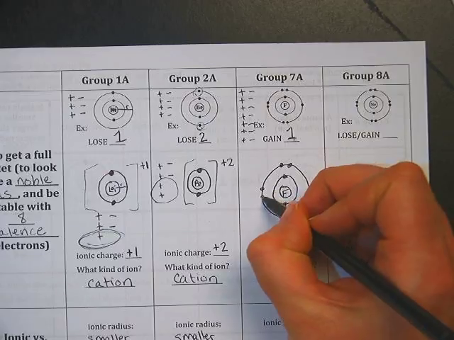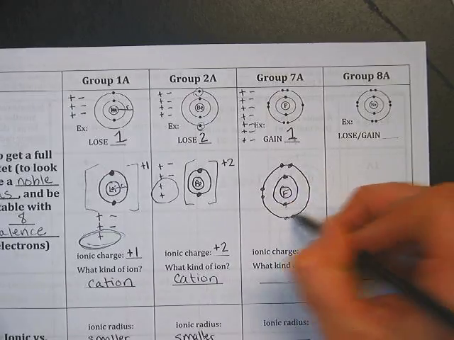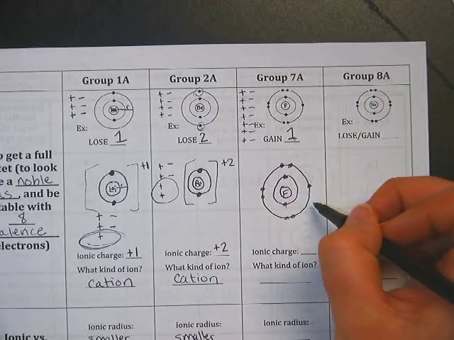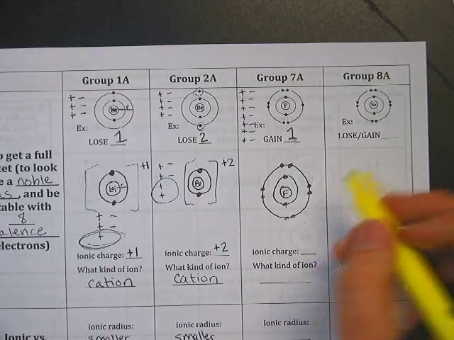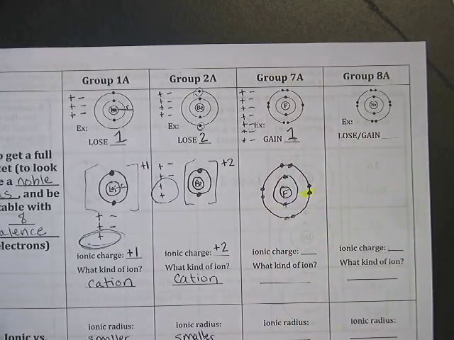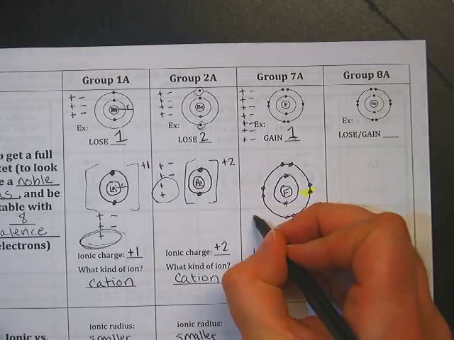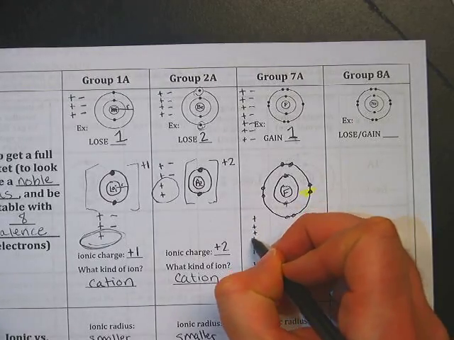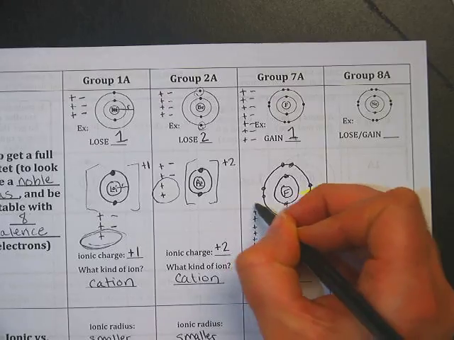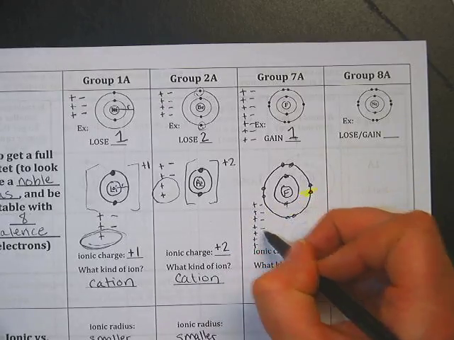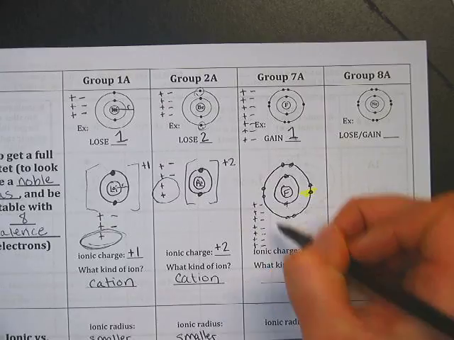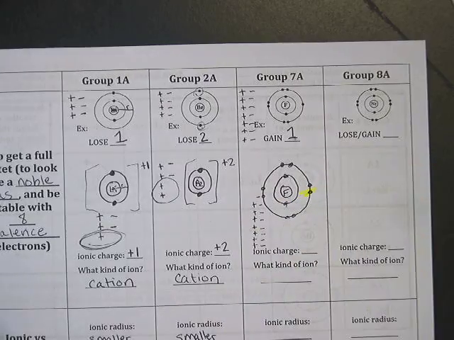Okay, here's what it started out looking like. When it gains 1 electron, now it has 8 valence electrons. There's an extra one here. And that means we have 7 protons, and now there are 8 electrons.